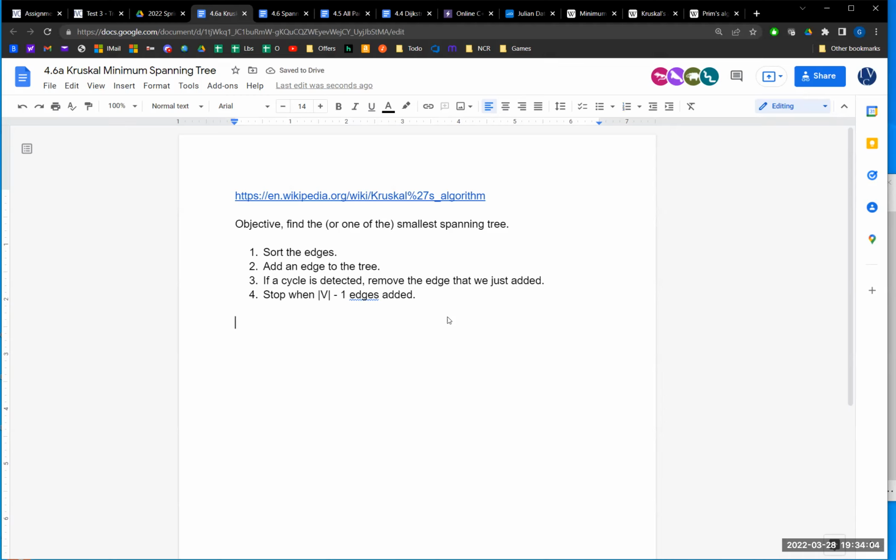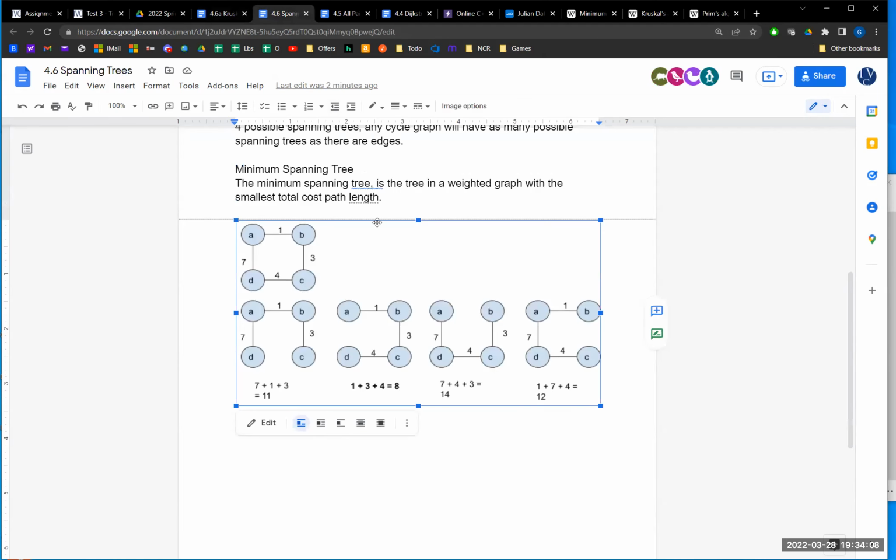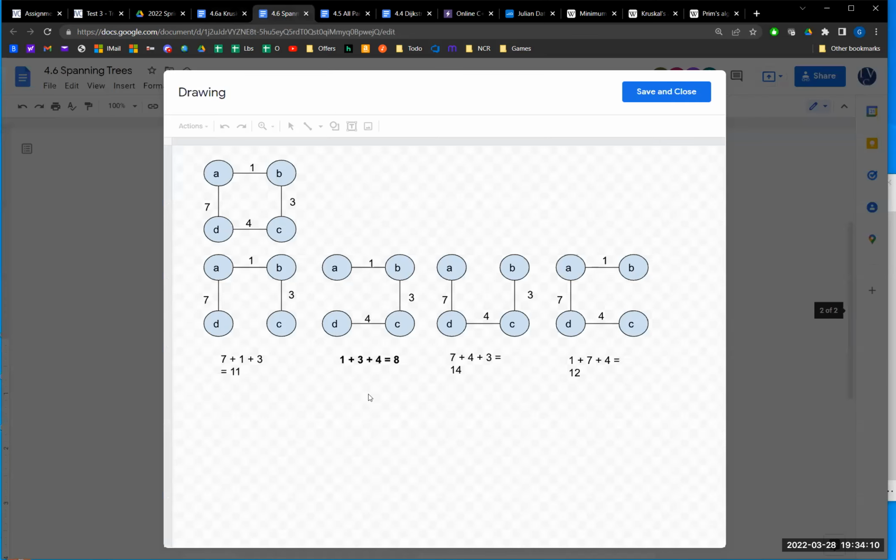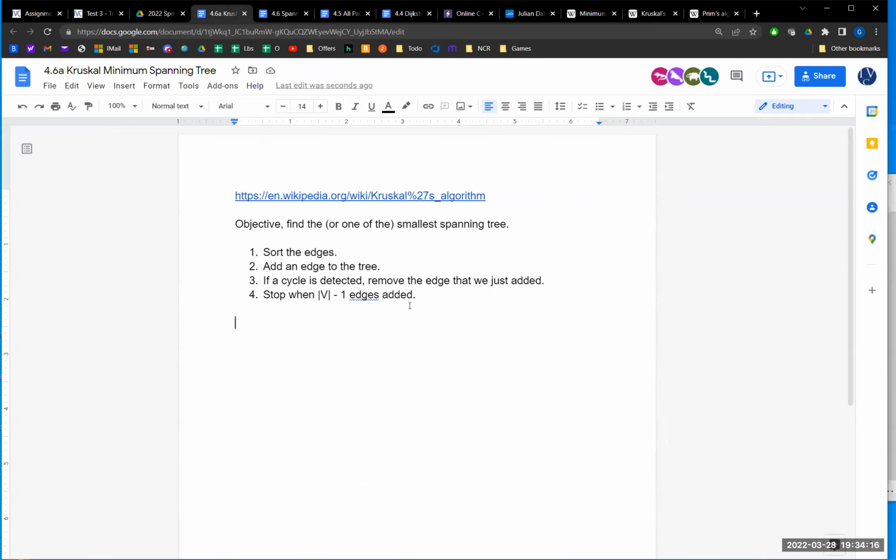All right, let's keep it simple. We'll use our little 4 vertex graph here to start.